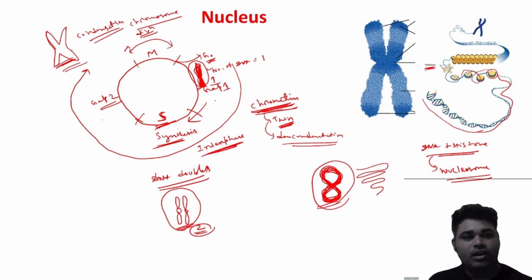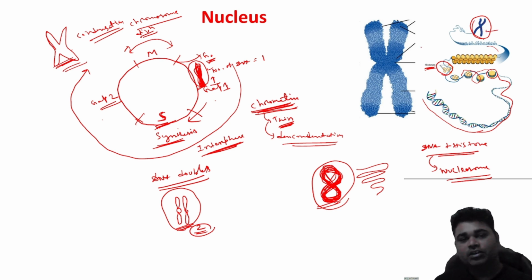Okay, so the DNA with histone protein forms the nucleosome. Now it again wraps around each other like that, and it forms the chromatin structure, or the chromosome structure.